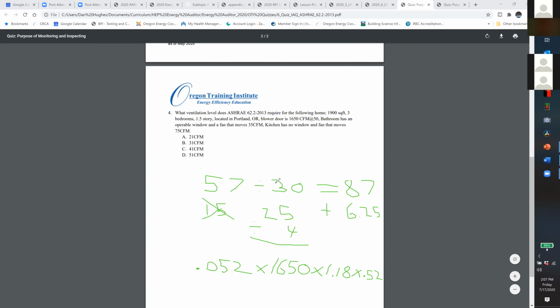0.052, 1650, 1.18, and 0.52, which is going to give us 52.6, 164, and we're going to subtract that off of here.